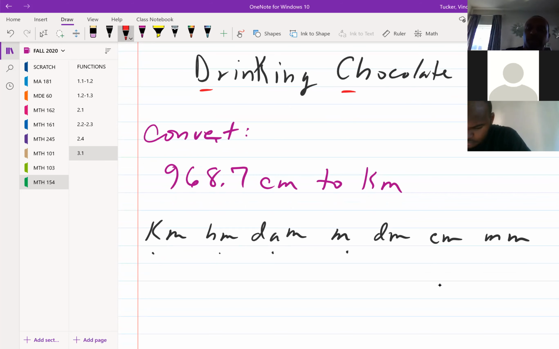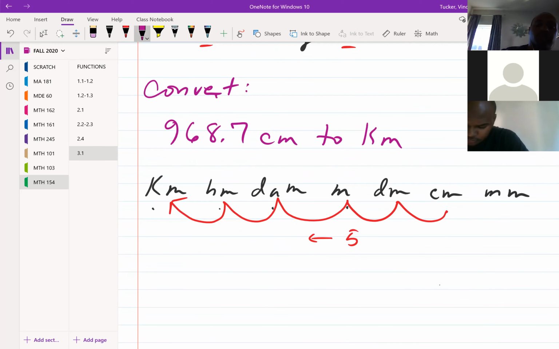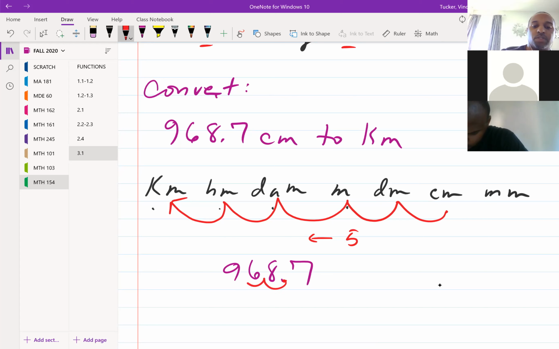So go there and I say, okay, locate centimeters and then the direction I want to go, to get to kilometers, and how many moves does it take to get to kilometers. So I'm going 1, 2, 3, 4, 5. So 5 to the left. So that's what I do with my decimal. Locate my decimal and go 1, 2, 3, 4, 5 to the left.